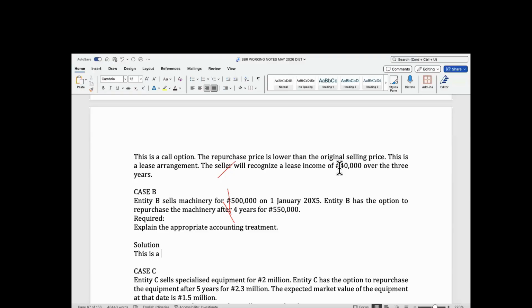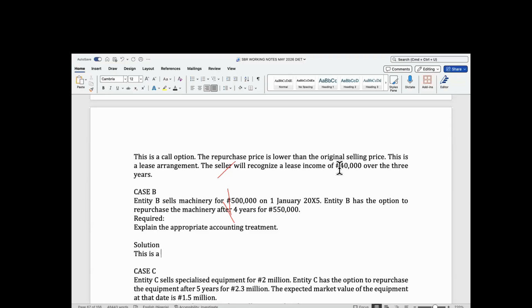When I teach IFRS 16, you will really understand that spread. There's something we call the interest rate implicit in the lease. You take a percentage of that. That is what you use to spread your lease rentals over the entire period.